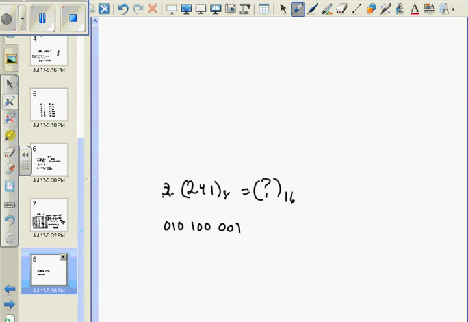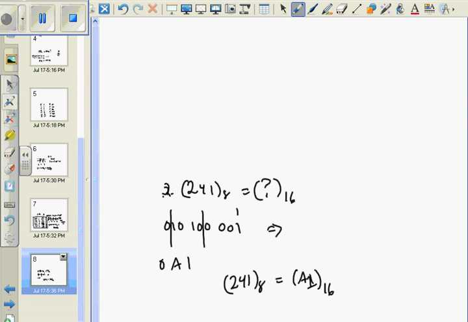Now to get it into hexadecimal, we then group that binary into 4s. So we're going to get a 0, an A, so that's 10, and a 1. So 241 base 8 is equal to A1 in base 16. Now just for kicks, let's also convert this into decimal.